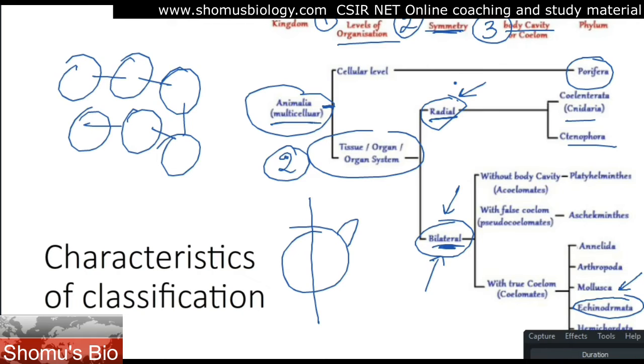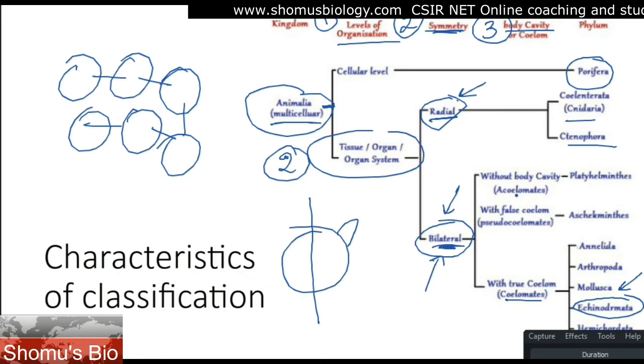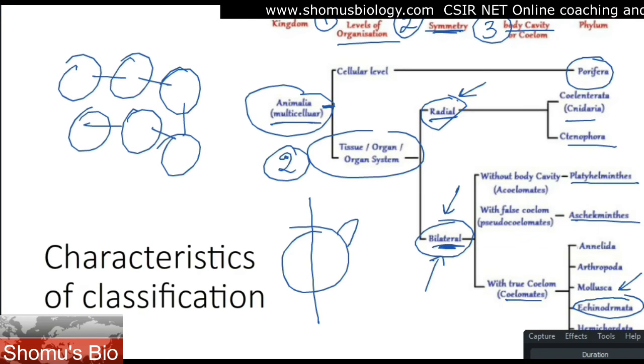So based on this we can say acoelomates are without a body cavity, pseudocoelomates have a false body cavity, and coelomates have a true body cavity. Body cavity is also known as the coelom, right? Without body cavity, example Platyhelminthes. False coelom or pseudocoelom, example Aschelminthes. And true coelom, the rest of the other phyla. And what are the examples?